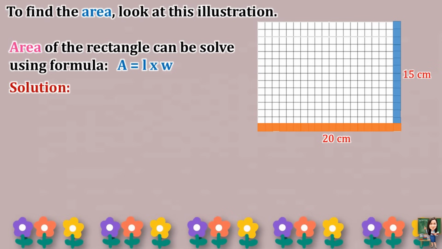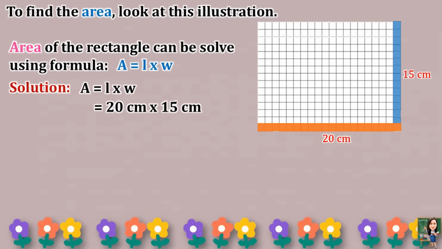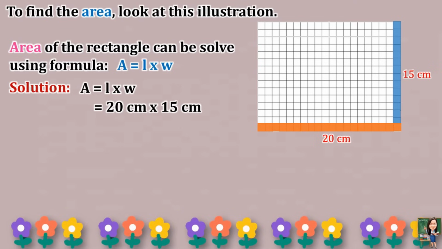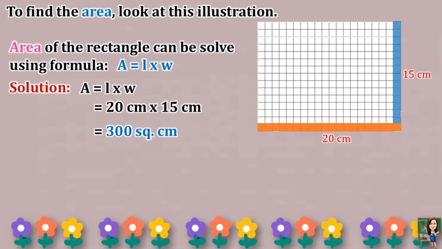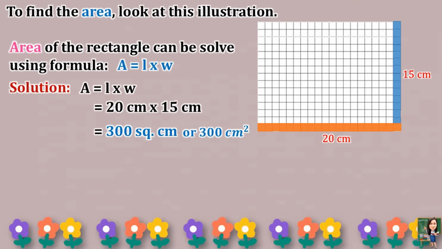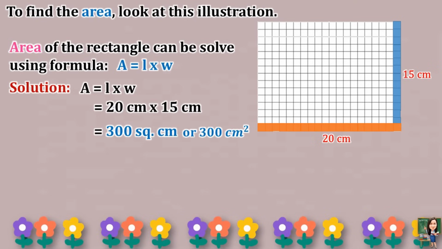The solution is area equals length times width. So length is 20 cm times 15 cm, which is the width. 20 times 15 equals 300 square centimeters.